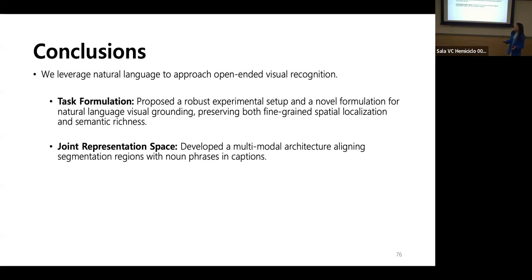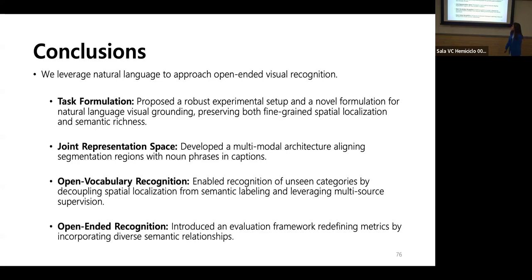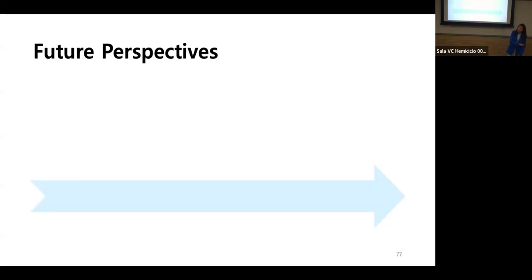We developed a multimodal model architecture to align segmentation regions with phrases in captions. We enable recognition of unseen categories by decoupling spatial localization from semantic labeling and leveraging multi-source supervision. And finally, we introduce an evaluation framework redefining metrics by incorporating diverse semantic relationships.